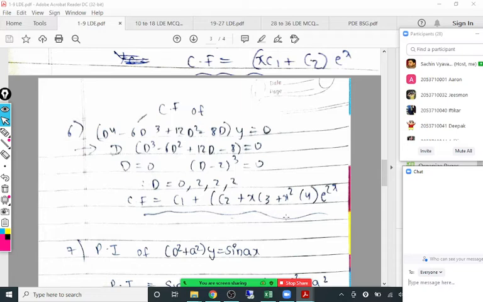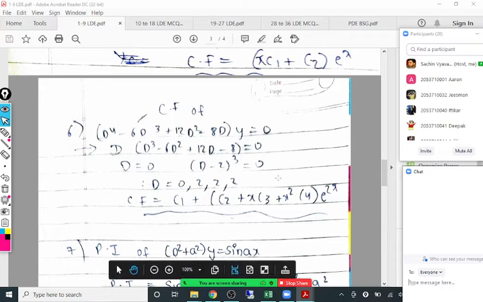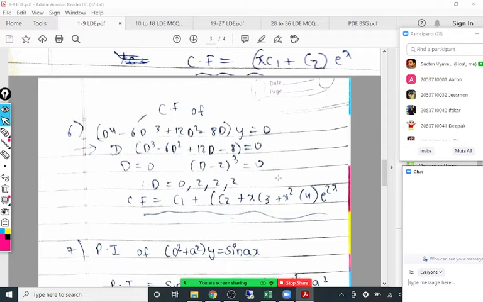There is an alternative way also that you can do in a little smarter way. If you have the differential equation and the CF is given as MCQs, you will have 4 answers there. You will get the roots indirectly there.